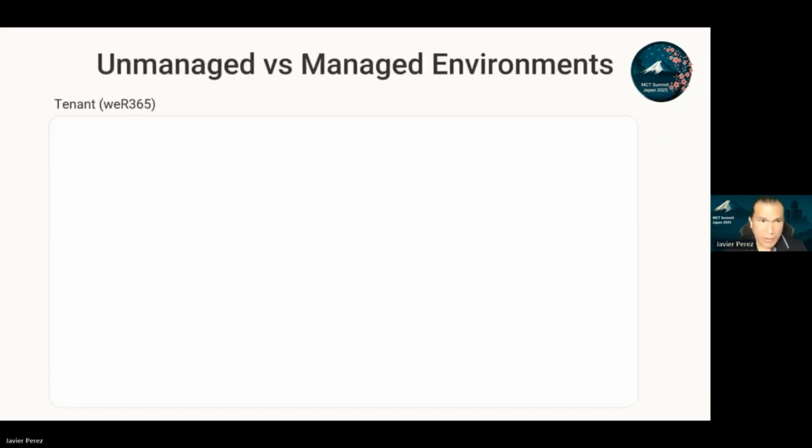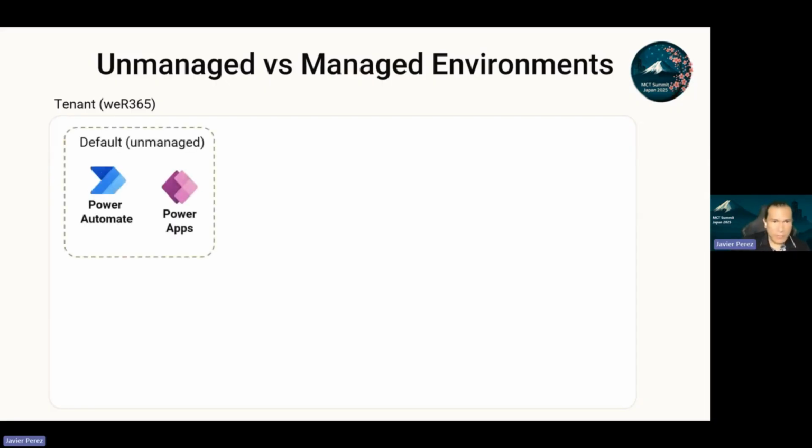Here, for example, we will see the difference if we have a managed environment, starting with the default. For example, we have a tenant named WeAre365, and the default environment is a managed environment. Everyone can create apps in Power Apps and flows in Power Automate.